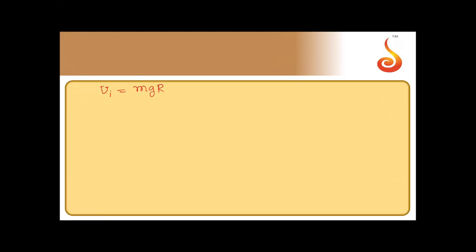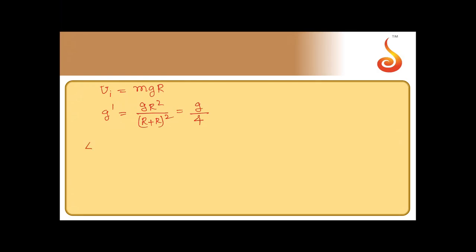So when you lift it to height equal to r, then new value g dash will be equal to g r square divided by r plus r whole square. So that turns out to be g by 4.